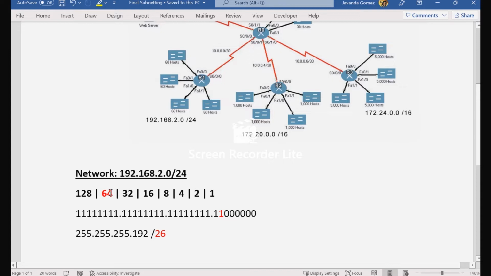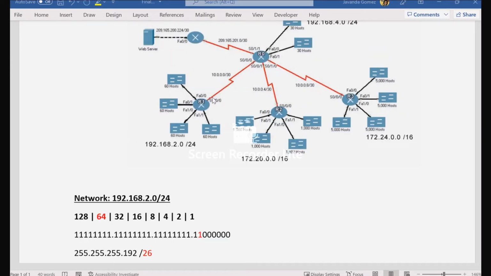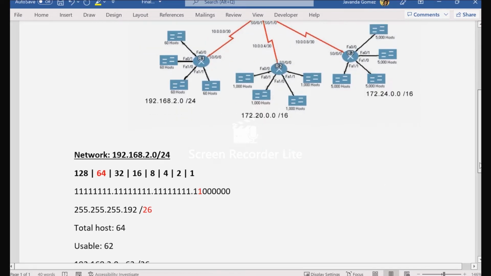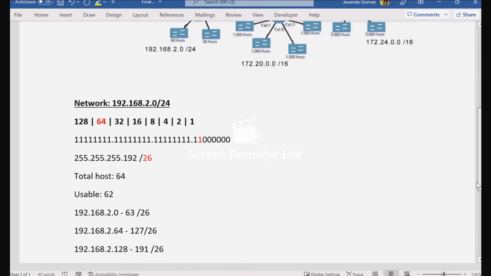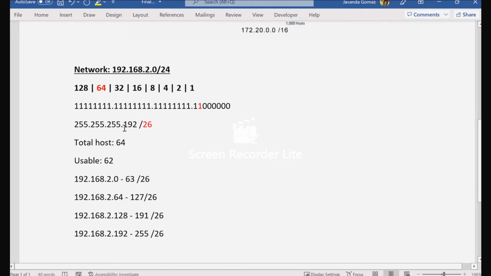So we will use the 64. Because we use the 64, our magic number is 64. The subnet mask will be 128 plus 64 is 192, and it would be a /26 since we would have borrowed 2 bits.